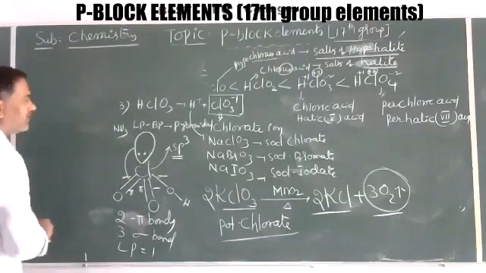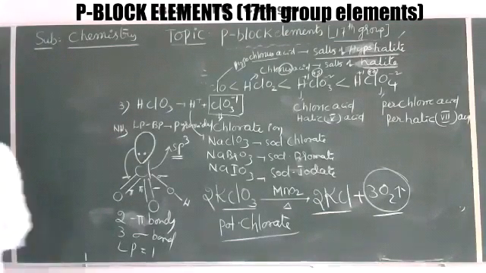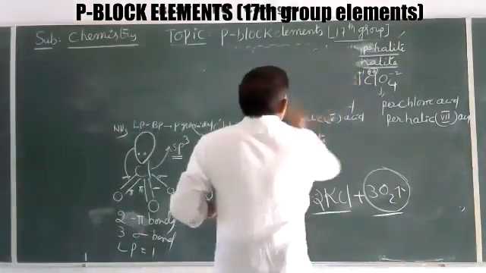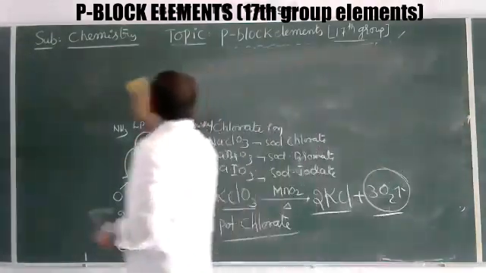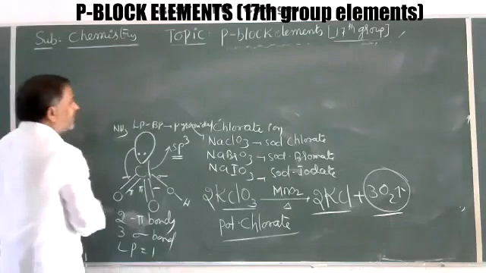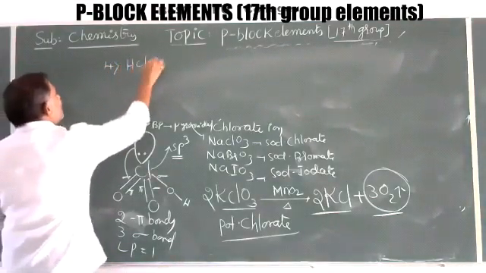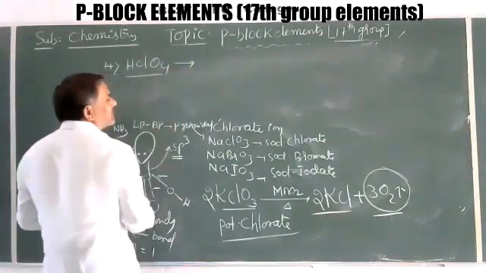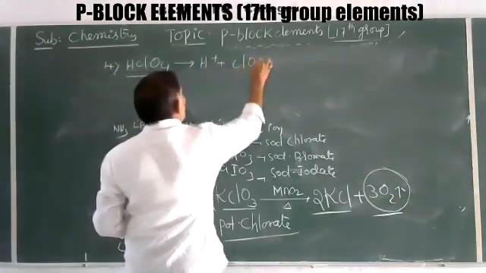Next one is perchloric acid, the last, fourth one, HClO4. HClO4 ionizes and gives H plus and ClO4 minus.